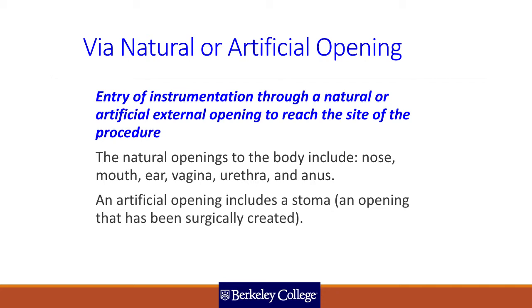The next approach option we have is via natural or artificial opening, and this is becoming much more commonplace because natural openings into the body, which include the nose, the mouth, the ear, the vagina, the urethra, and the anus, when instrumentation can be used through a natural opening inside the body, there is no need for an incision, whether it's large or small, which means less damage to the patient and shorter healing time.